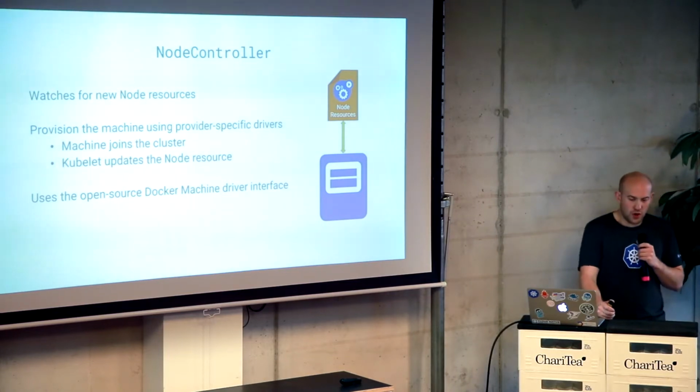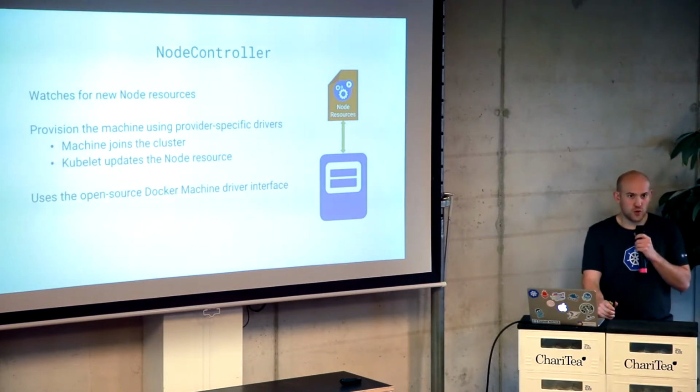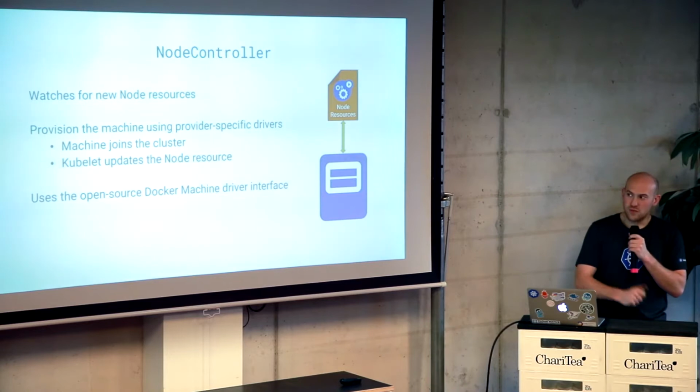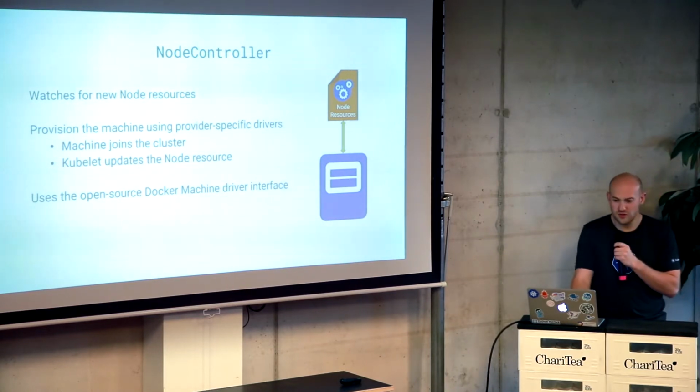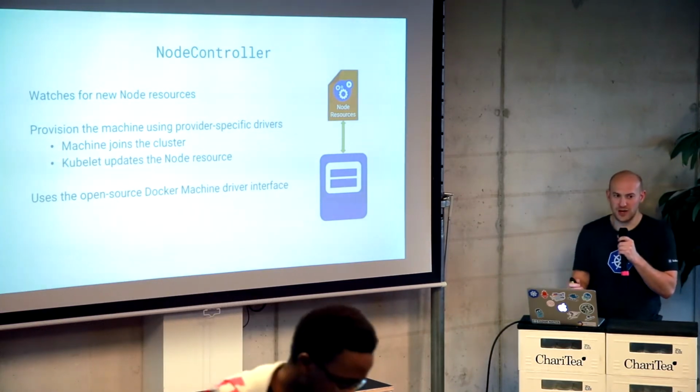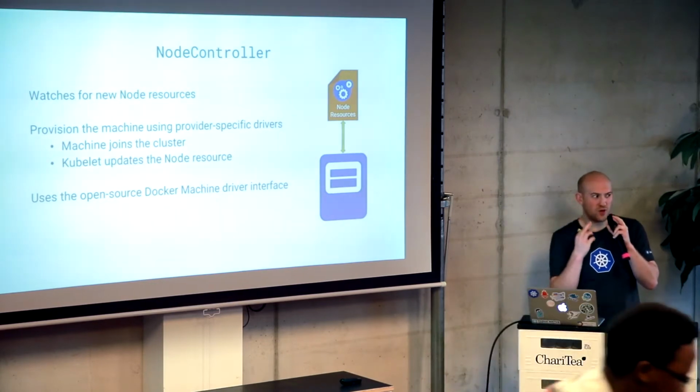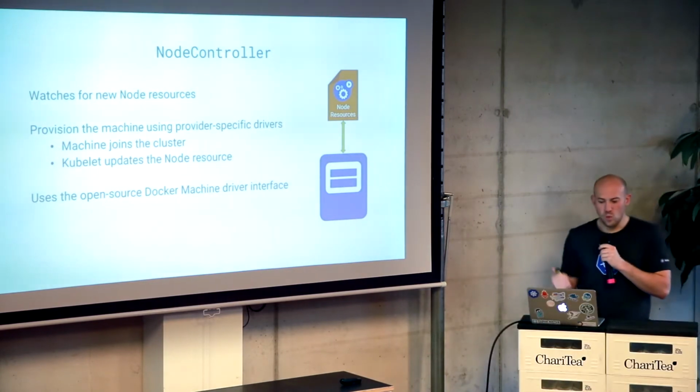So a node controller just watches for node resources, the same way that every other controller in Kubernetes works. We've created our own resource type using custom resource definitions, and hopefully we'll get upstreamed into Kubernetes. Everybody cross your fingers.